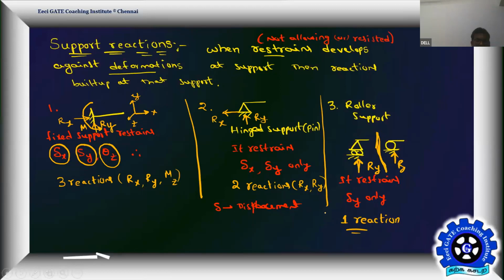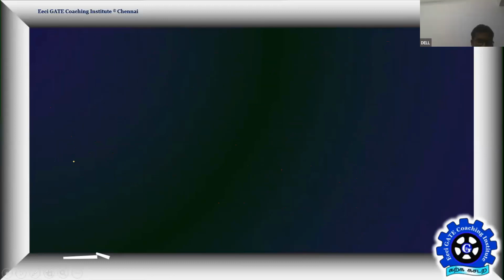So can we stop here? If it is an elastic spring, can you please tell me how it will be? If it is an elastic spring, for example, in this manner, how many reactions can we have here?